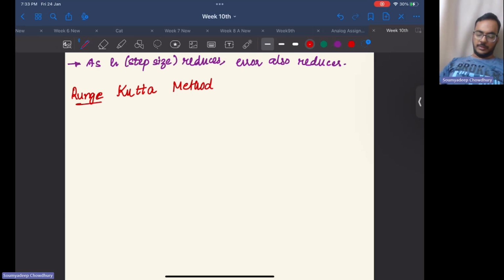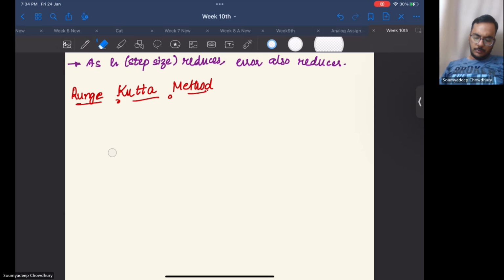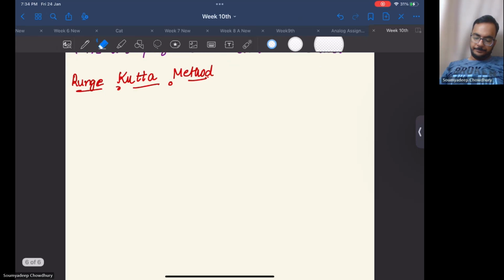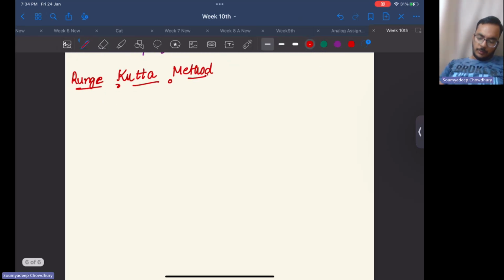There are two methods here in Runge-Kutta. One is the second order method, one is the fourth order method. First we'll look into the RK2 method, also known as Heun's method.